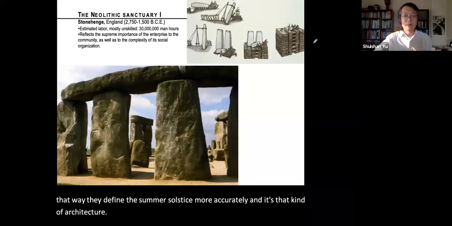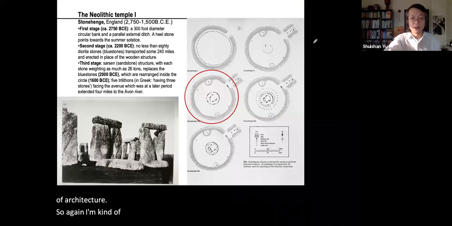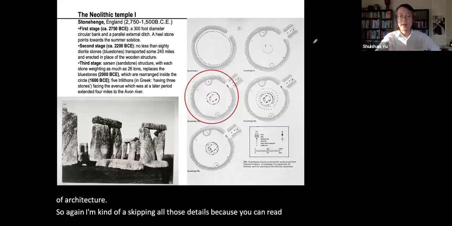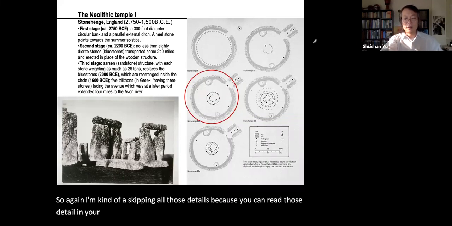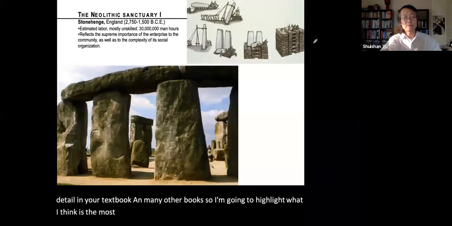So again, I'm skipping all those details because you can read them in your textbook and many other books. So I'm going to highlight what I think is the most crucial aspect here.